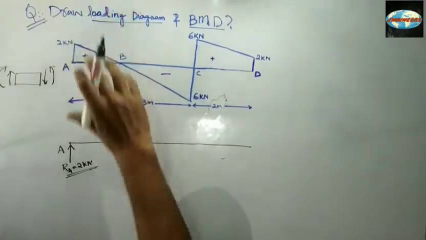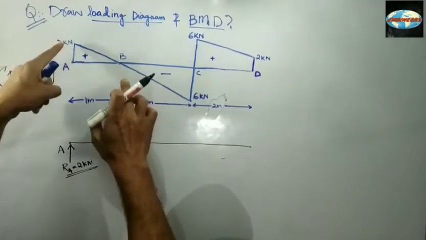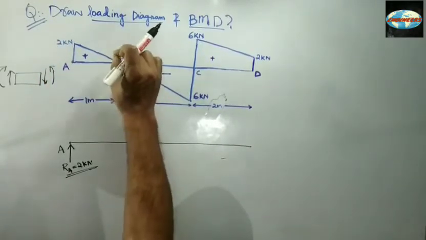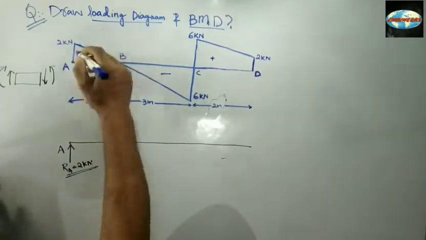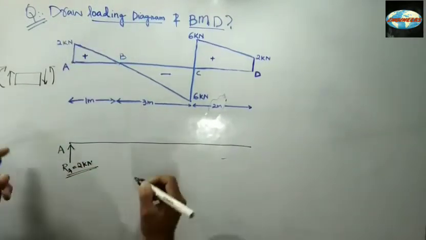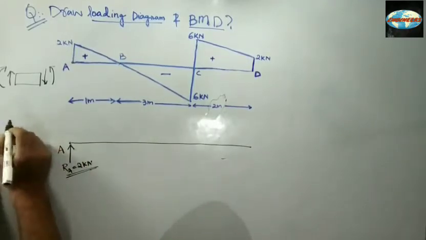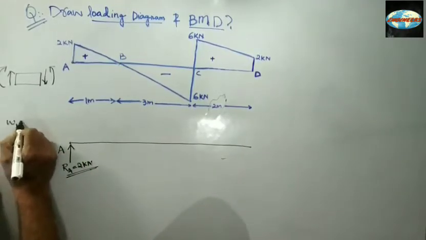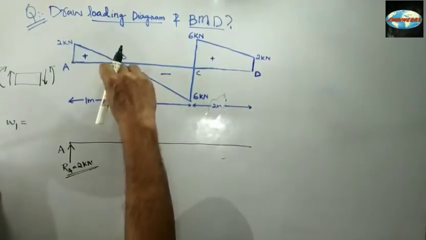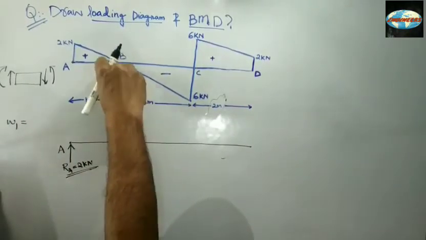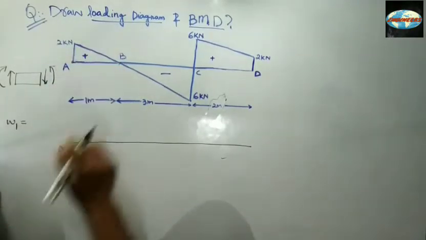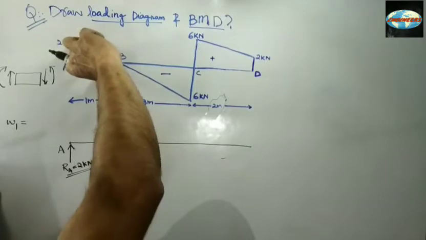is given by, if you want to calculate the loading rate of the UDL, you have to do one simple thing. If I name the loading rate W1, then you take the final value minus the initial value, divided by the length.